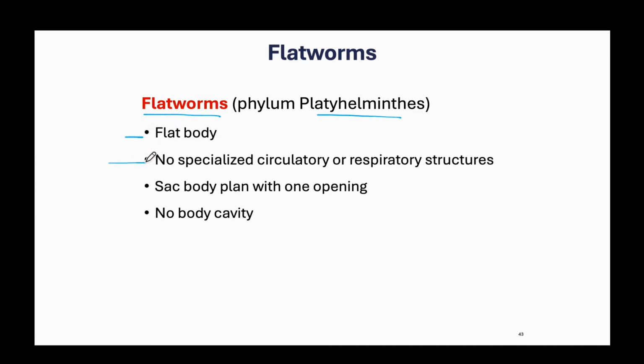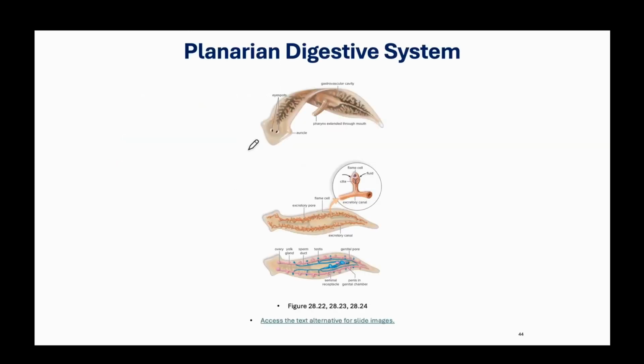That means they have this sac body plan with 1 opening and no body cavity. Examples of flatworms are planaria, which have a head and what are known as eye spots. They're not actually eyes. They have a gastrovascular cavity, and a pharynx extended through their mouth.